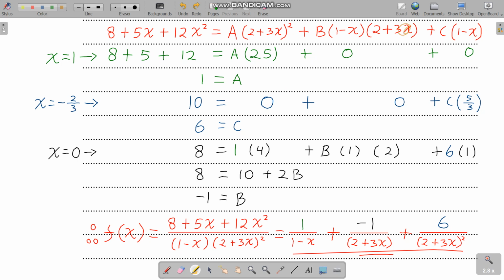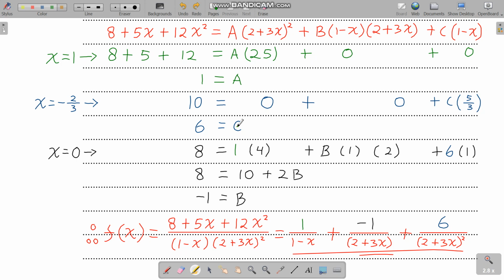Plugging in minus 2/3, you get 5/3, so we have 5/3 times c, and c is therefore 6, just divide both sides by 5/3.